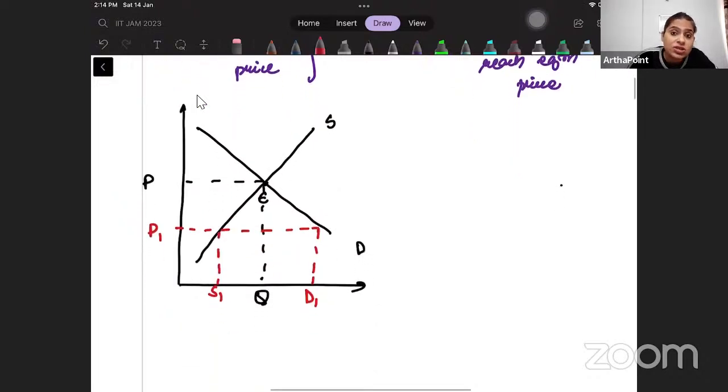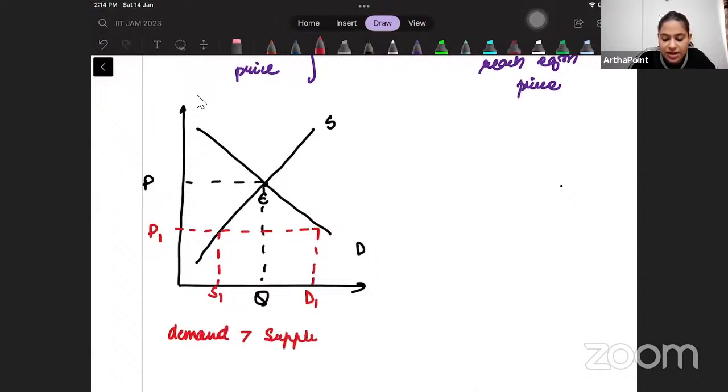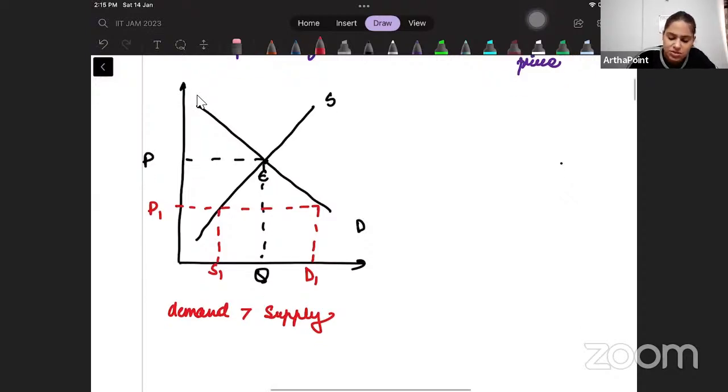So what we notice here is that demand is more than supply. We know whenever there will be excess demand in the market, what is going to happen to the prices? There is going to be a movement along prices.